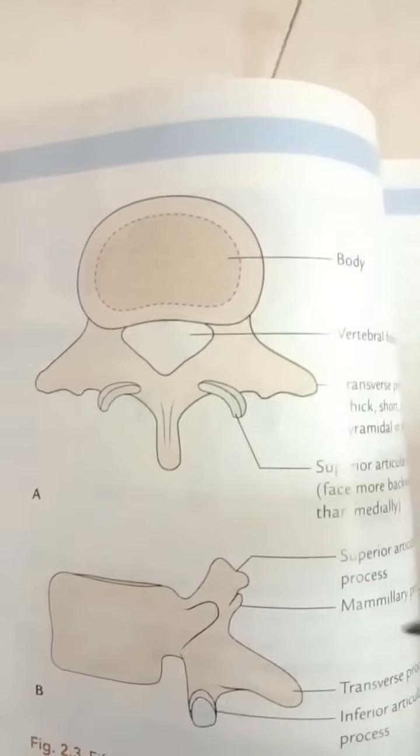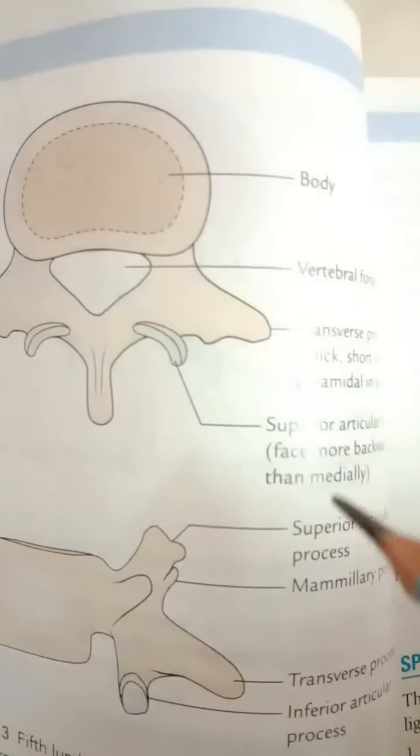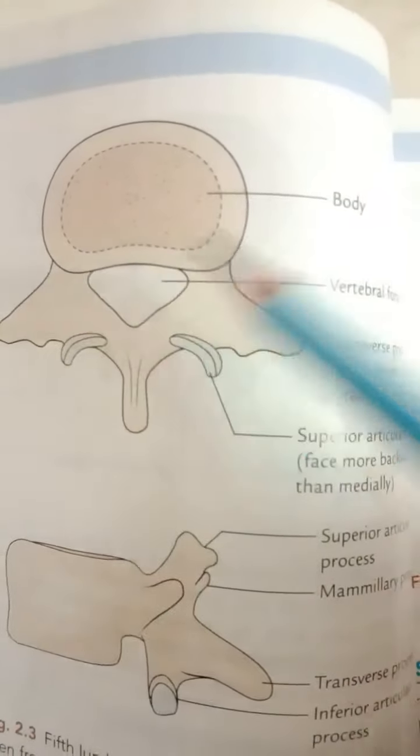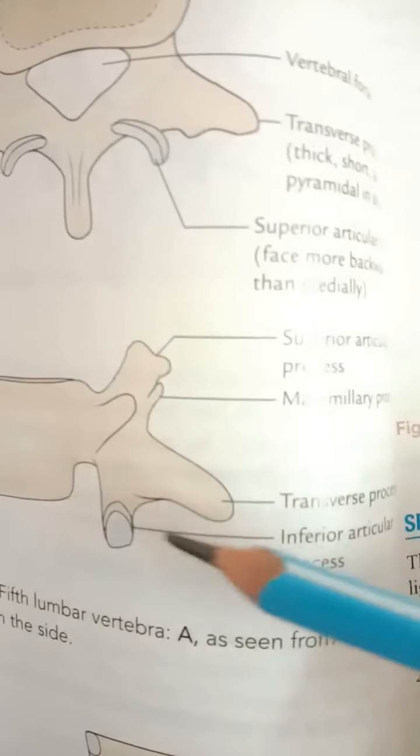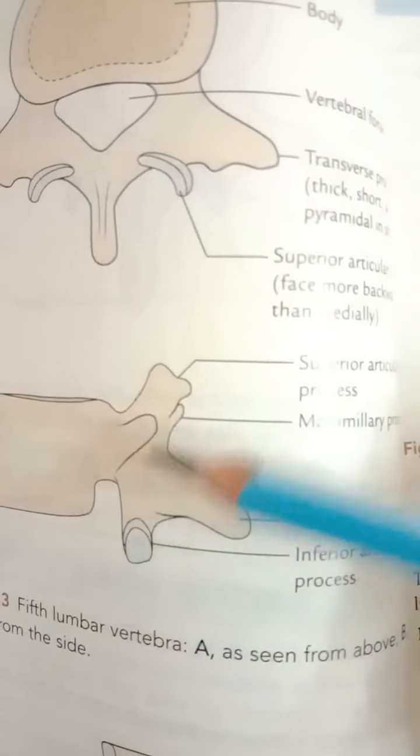Then the distance between the inferior articular processes. Here you can see the superior articular process, and below it the inferior articular process is present. So this is the superior articular and this is the inferior articular process.